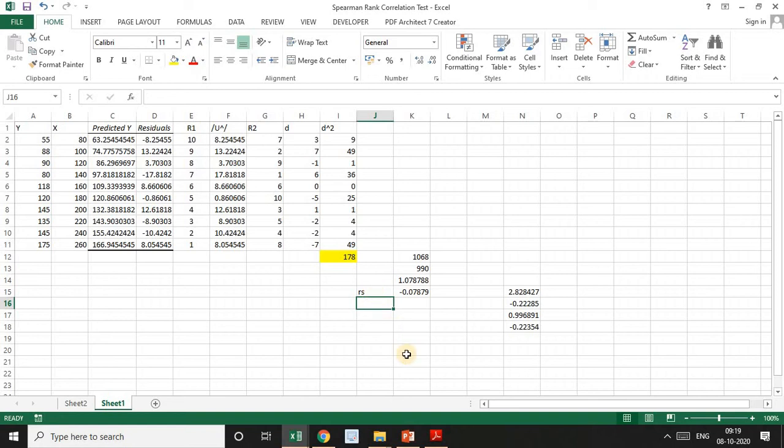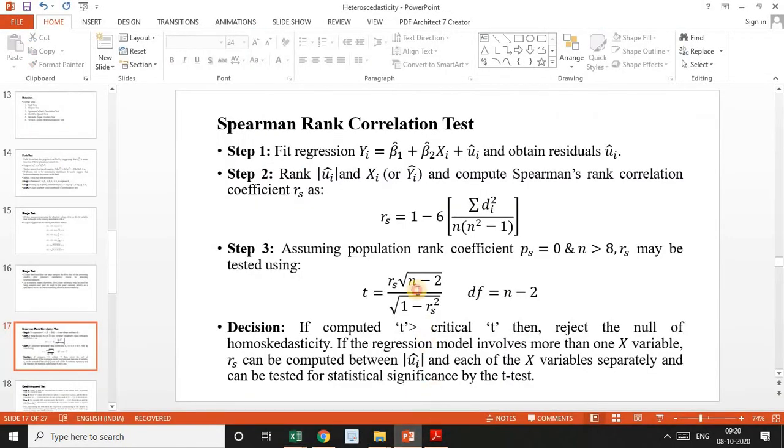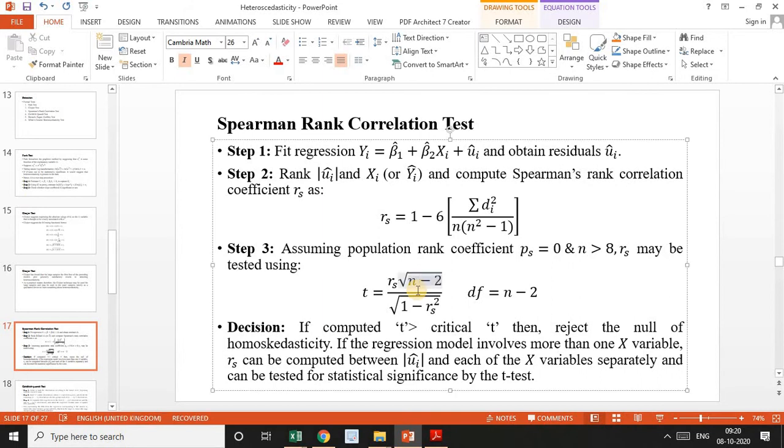Okay. Now what you have to do? You have to find the t value.